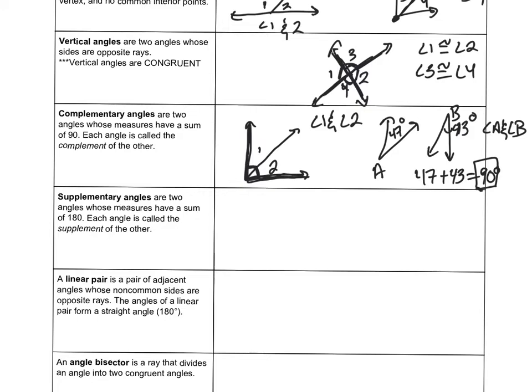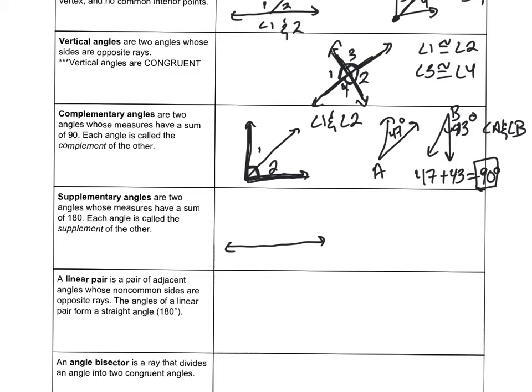The next one is supplementary angles. Supplementary is very similar to complementary angles, but now instead of two angles that have a sum of 90, they will have a sum of 180. We know that a straight line or angle has a degree of 180.